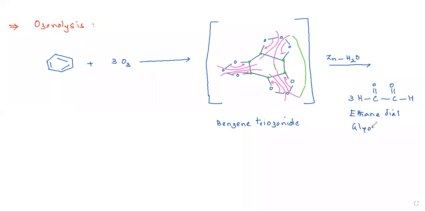Common name is glyoxal. Even acetylene gives this. You have seen IUPAC and the common name. Okay. This is how benzene on reductive ozonolysis gives glyoxal.